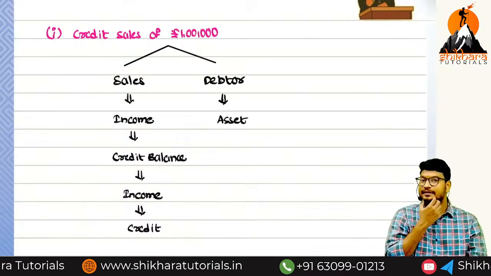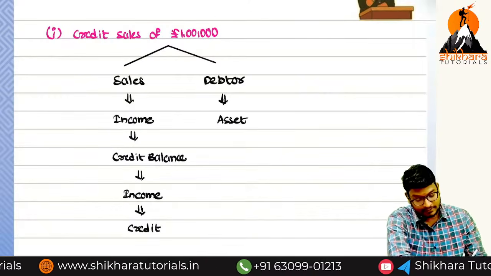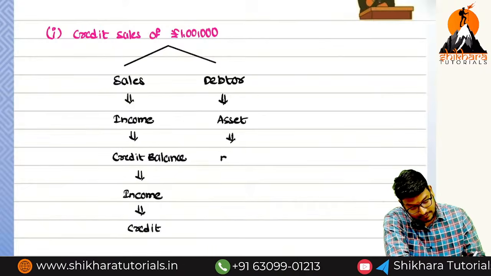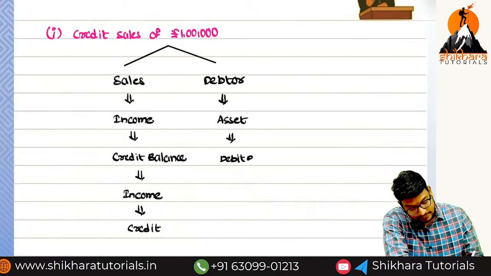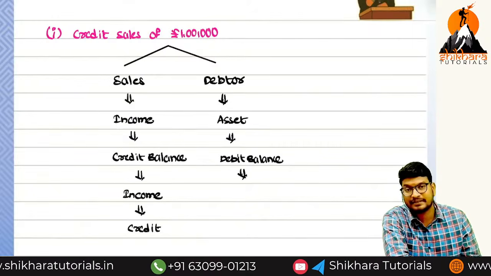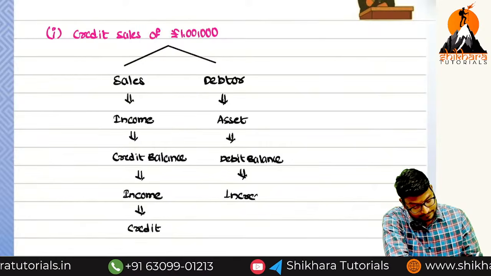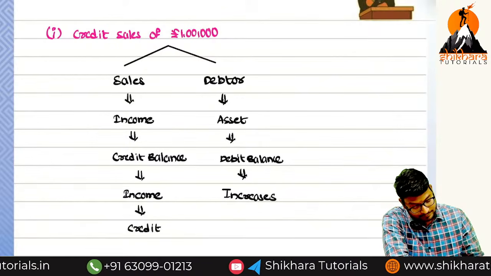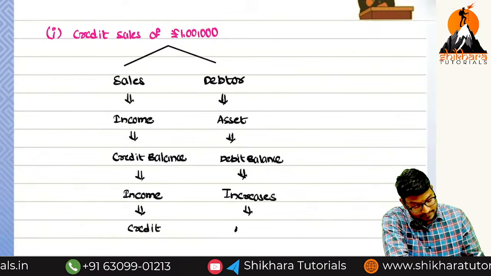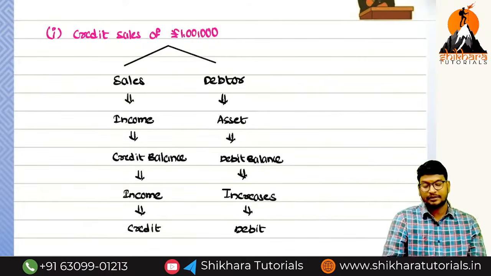So what we have discussed previously, just now the debtor is created. So asset will have which balance? Debit balance. So just now the asset is created, that means it increases. And if the debit balance increases, what do we need to do? Debit.